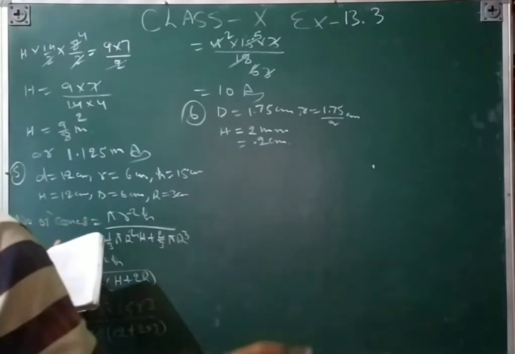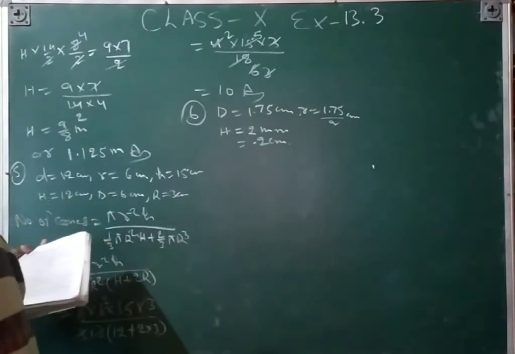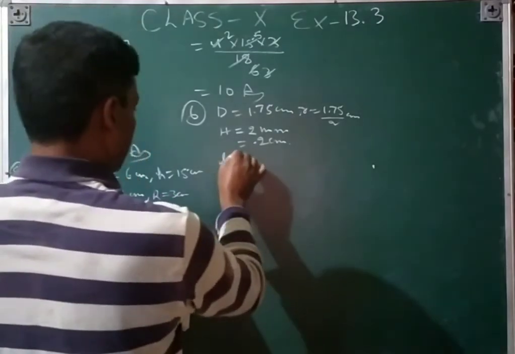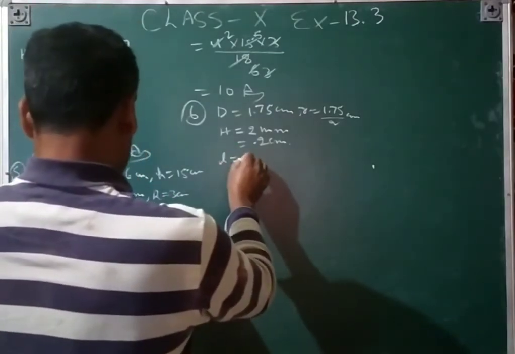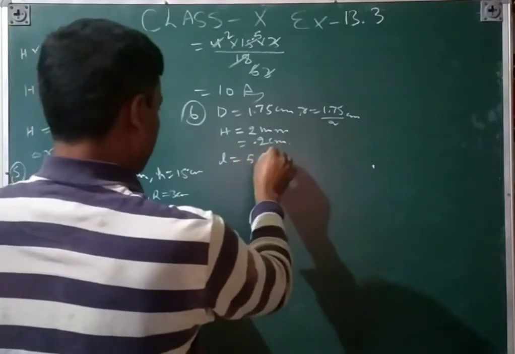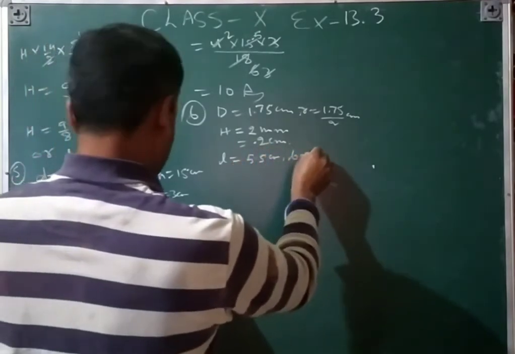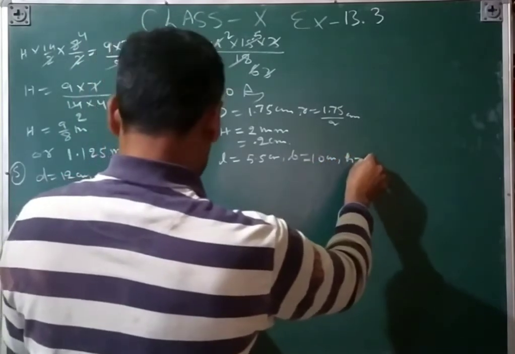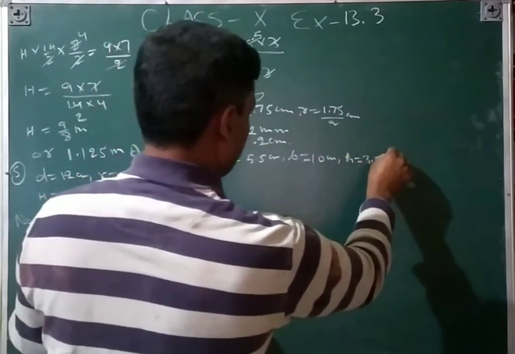And then one cuboid is also given there, so length is equal to 5.5 centimeter, breadth is equal to 10 centimeter, height is equal to 3.5 centimeter.